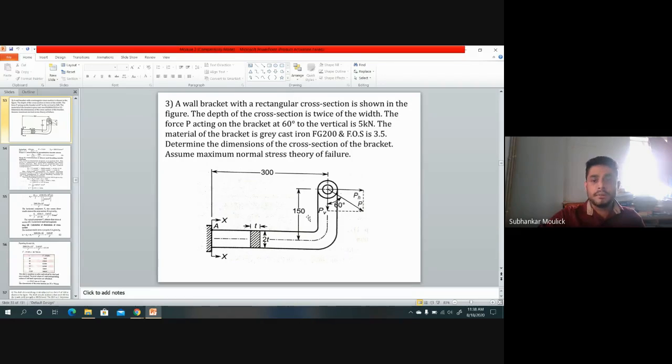But PV into 300, this moment, plus horizontal force PH into 150, this moment. The combined effect of these two moments is creating what? It is creating bending at section XX. That means in the entire problem, tensile stress is also acting as well as the bending stress.